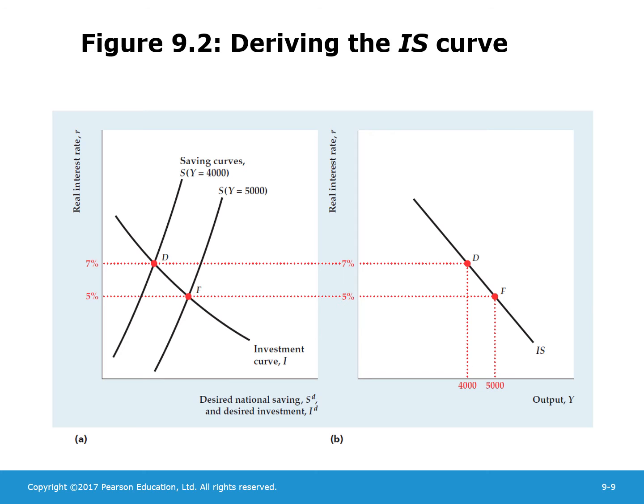So the increase in y will have an effect on S, that it will increase also. So that's why we draw the new S curve as increasing after y has increased to 5,000. So the new S, when y is equal to 5,000, shifted to the right.